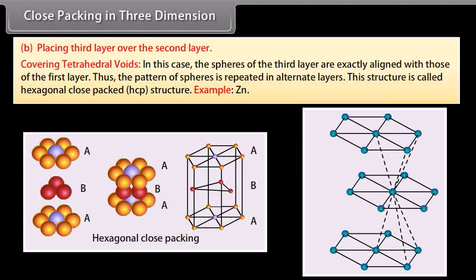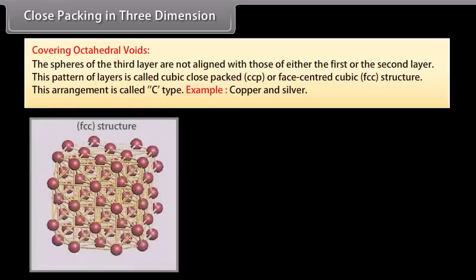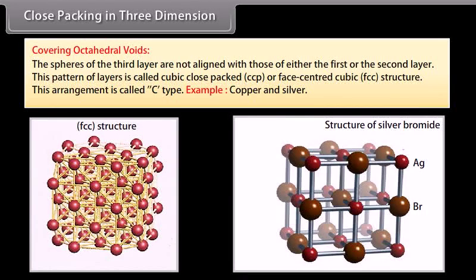Example, zinc. 2. Covering octahedral voids. The spheres of the third layer are not aligned with those of either the first or the second layer. This pattern of layers is called cubic close-packed CCP or face-centered cubic FCC structure. This arrangement is called C-type. Example, copper and silver.